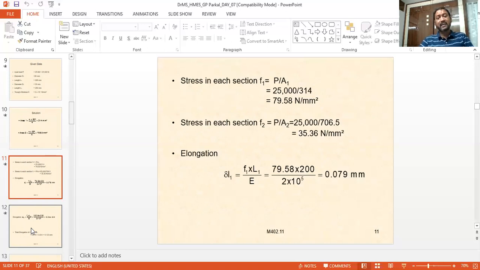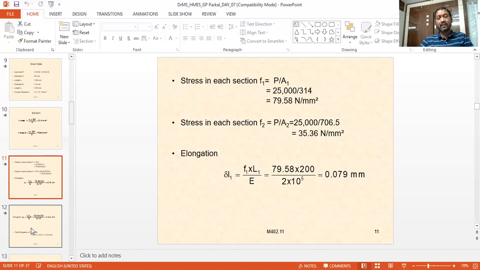Now first of all, the elongation of section 1, delta L1, is equal to, we know the formula, stress into length by Young's modulus, that is FL by E. So here, because it is for section 1, F1 into L1 by E. Therefore, substituting the values, we have all the values here: 79.58 into 200 by 2 into 10 power 5.